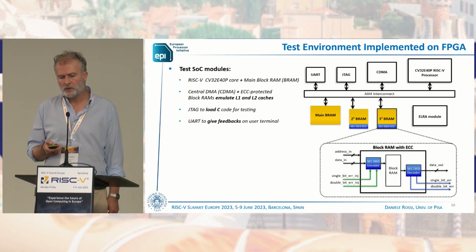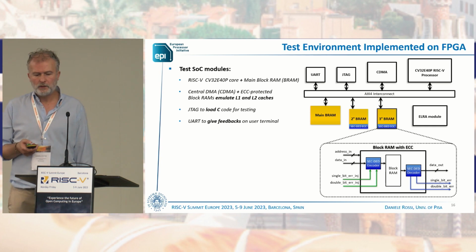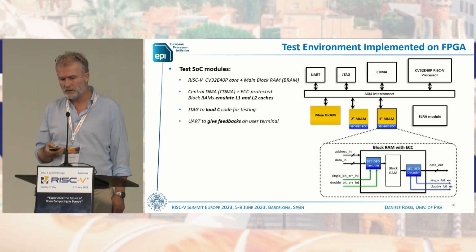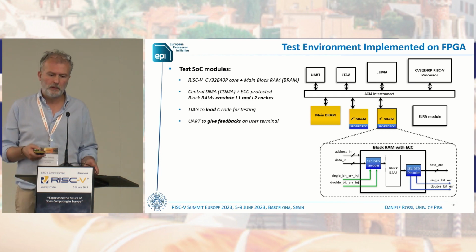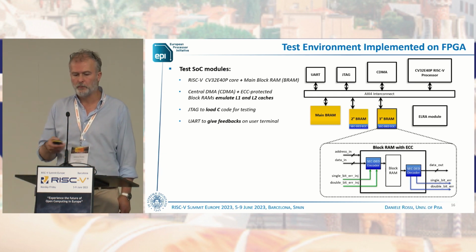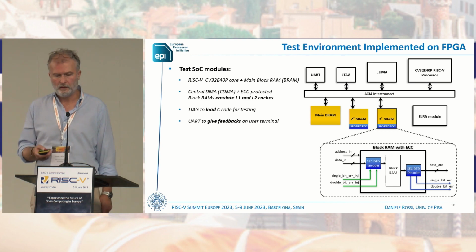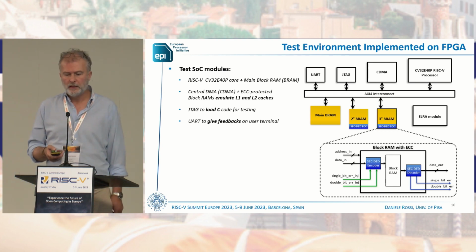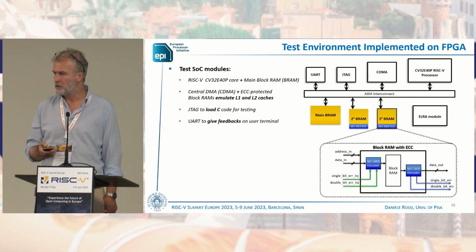Then we have 2 additional block RAMs, each of them protected by single error correcting, double error detecting codes, that allow us to monitor what is going on in these RAMs, log the information about possible errors, and report this information to system software.